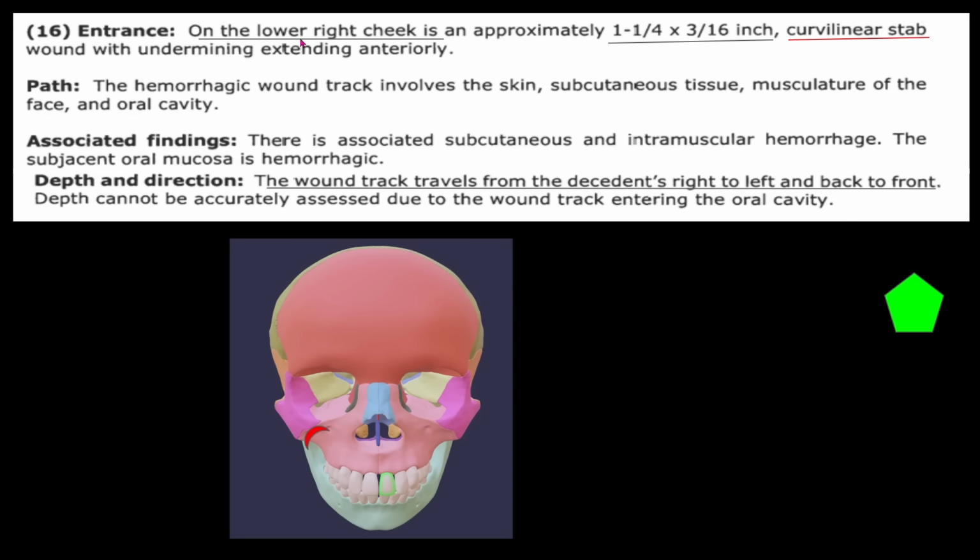Now, on the lower right cheek is a 1 3/4 by 3/16 curved linear stab wound. This is actually a stab wound with undermining extending anteriorly. So it doesn't say anything indicating it was a serrated blade. It travels right to left, back to front. Depth cannot be accurately assessed due to the wound track entering the oral cavity.